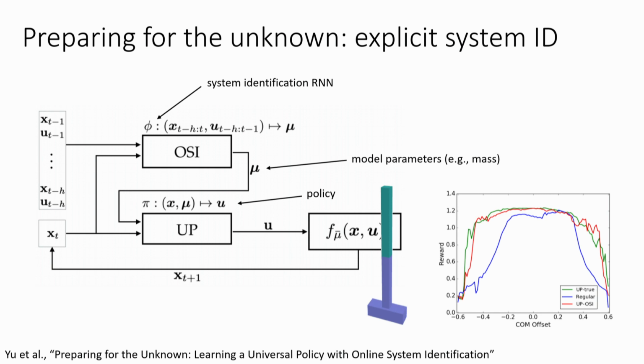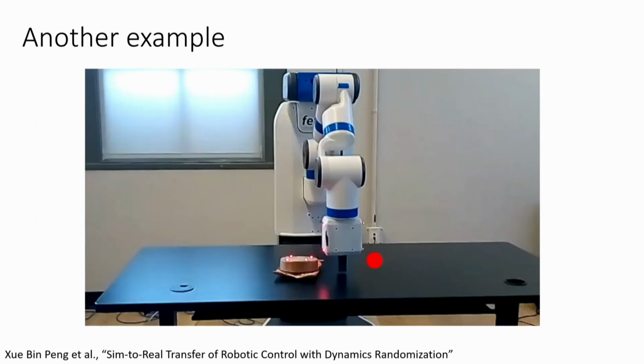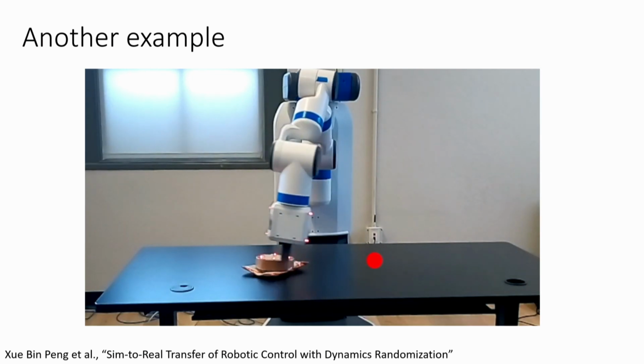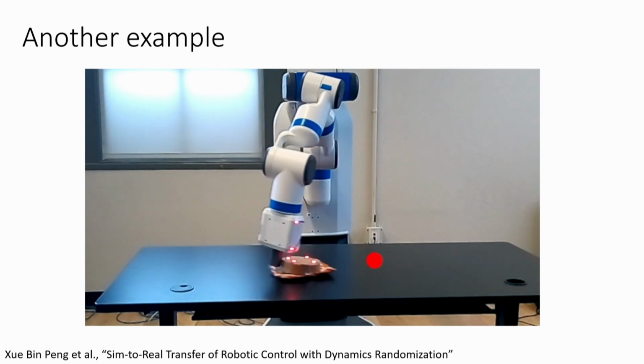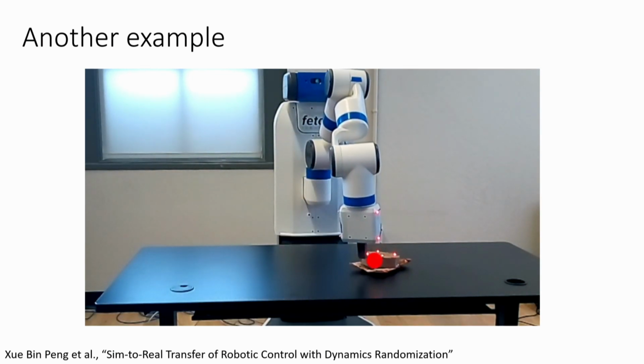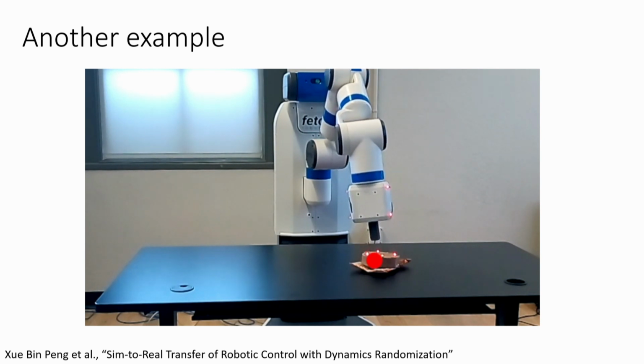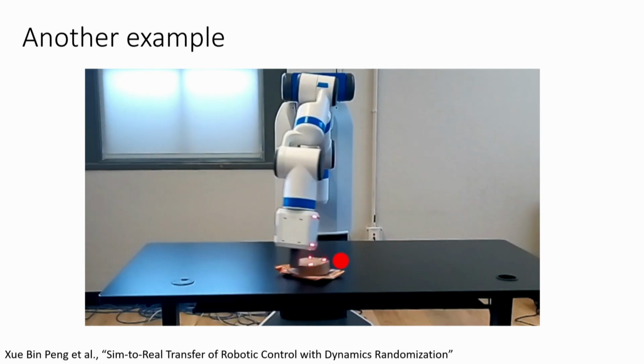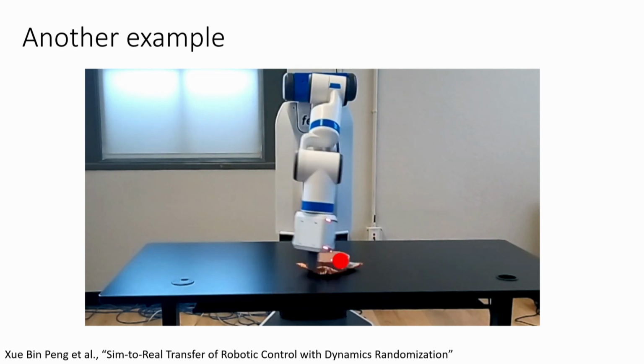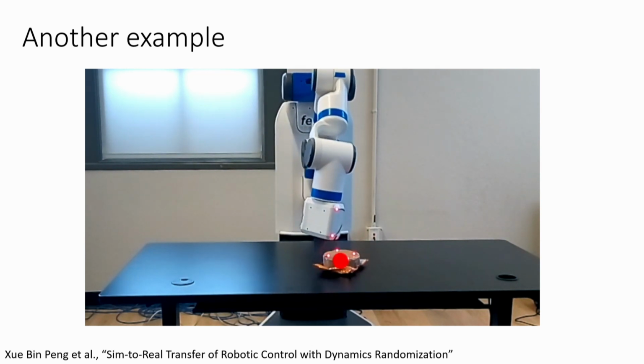It turns out that this idea actually works even if you simplify it a little bit. So this is work that was a follow-up to this a few years afterwards by Jason Peng, where Jason essentially had a version of this where during training in the simulated source domain, the policy is not provided with the ground truth physics values, but it's just trained end-to-end with reinforcement learning.